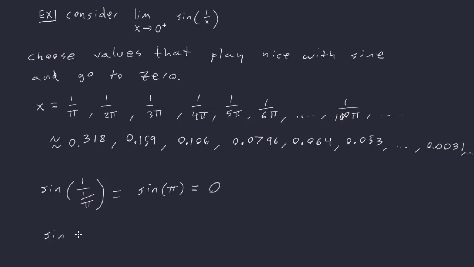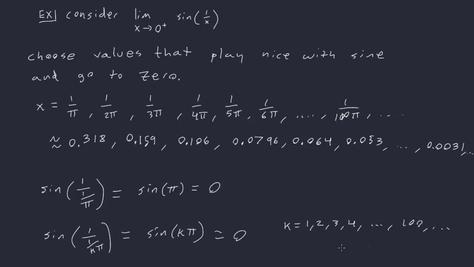If we do this with any of the values we just gave, say 1 over k pi, we invert and multiply, we'll get sine of k times pi. Any multiple of pi will give us 0, provided k equals 1, 2, 3, 4, any of these whole numbers, up to 100, on and on.